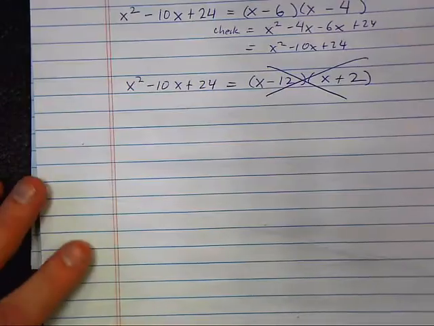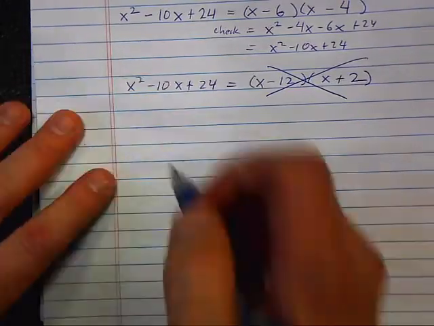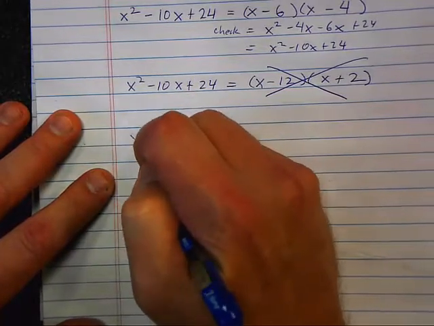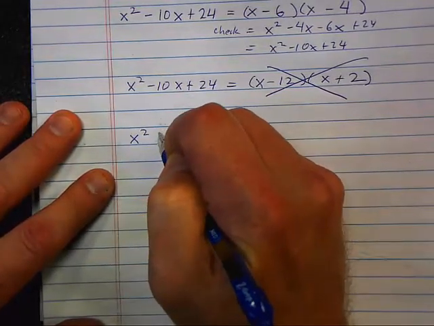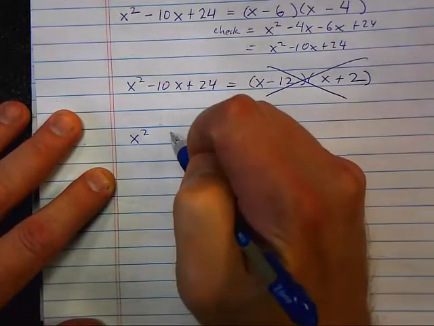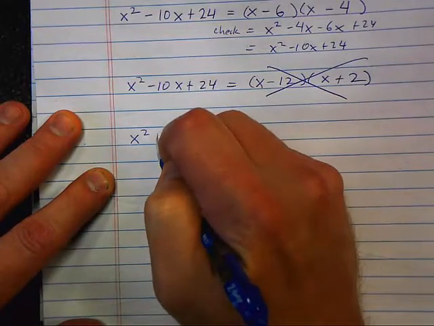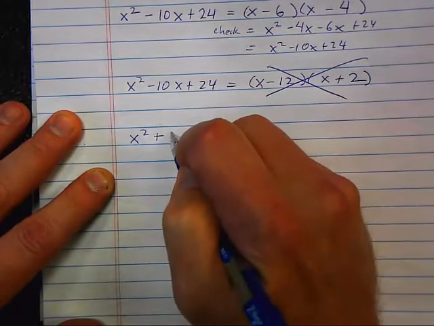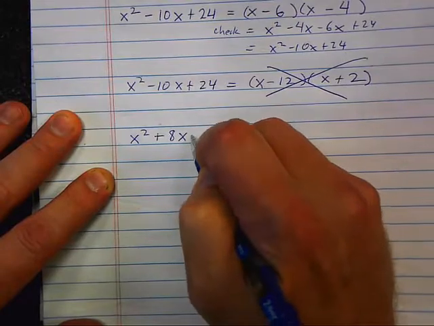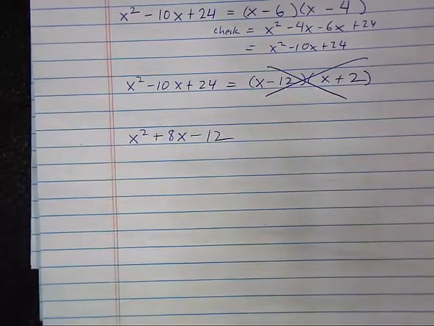All right, let's see, one more of these. X squared plus 8x minus 12.